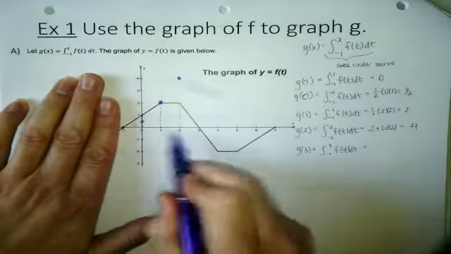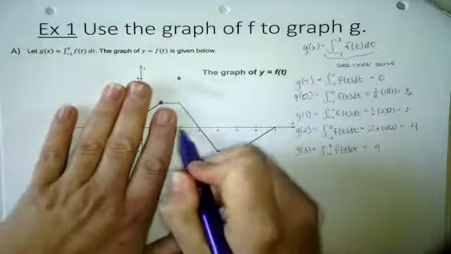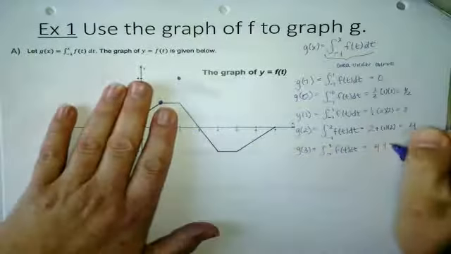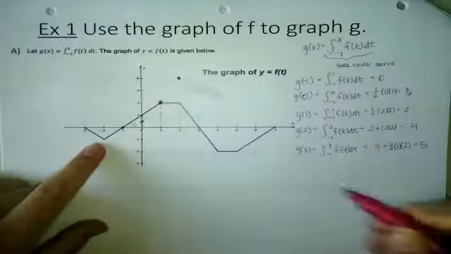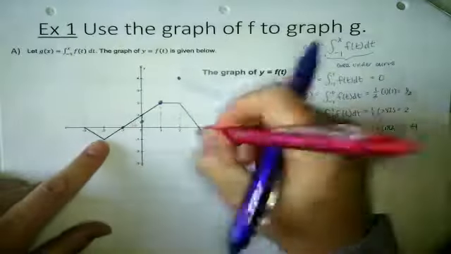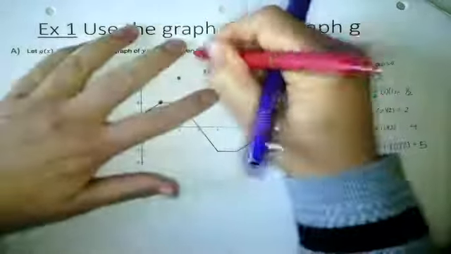So from -1 to 2, we knew that the area was 4. And so now I just need to add in this other little triangle here. So that'd be a 1/2, a base of 1, and again, a height of 2. So that gives me 5. So 3, 5 is another point on my graph of g. Whoops, wrong color. I hate when I do that.